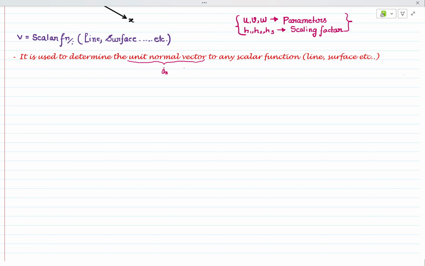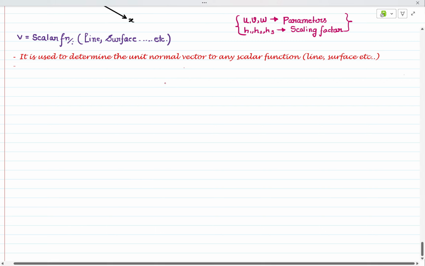That is the unit normal vector, and this is a very important thing.